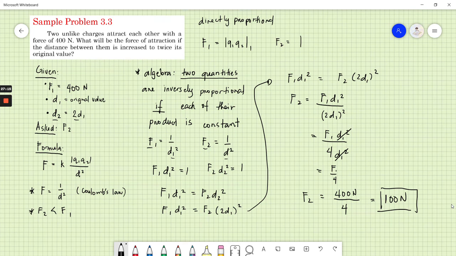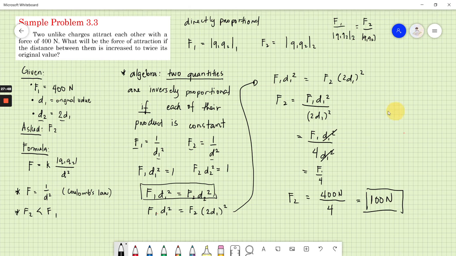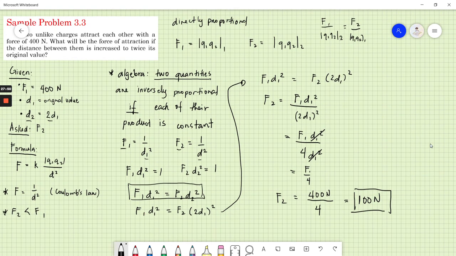So for this situation, F1 divided by q1 q2 is equal to F2 divided by 2 q1 q2. That's how you would be able to measure these two.